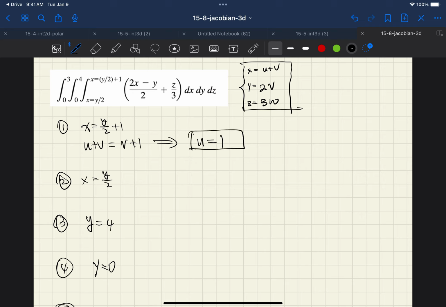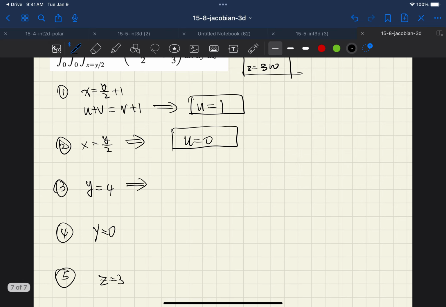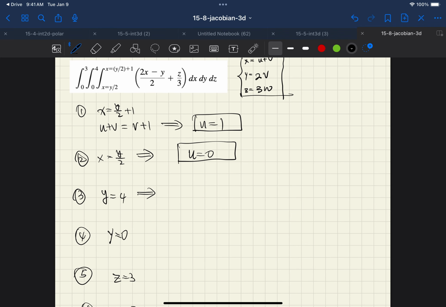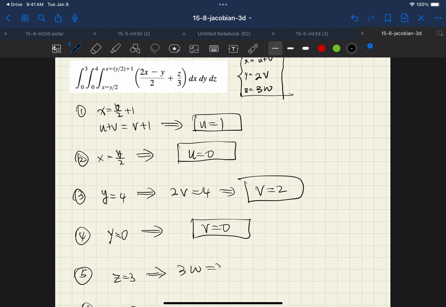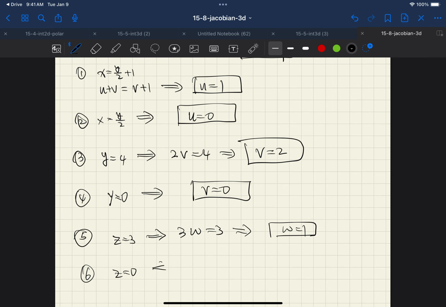And u equals 1 is a nice plane, and x equals half y is u equals 0. And y equals 4 means 2v equals 4, which means v equals 2. And here v equals 0. And z equals 3 means 3w equals 3, so w equals 1. And this would be w equals 0. So the 6 planes are simplified to these 6 planes in UVW space.